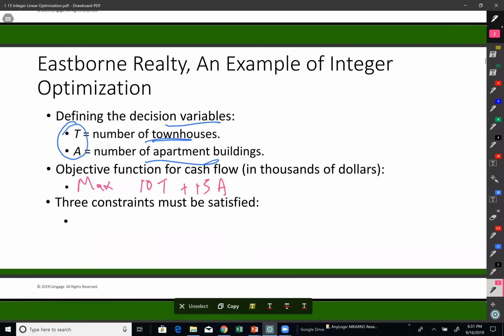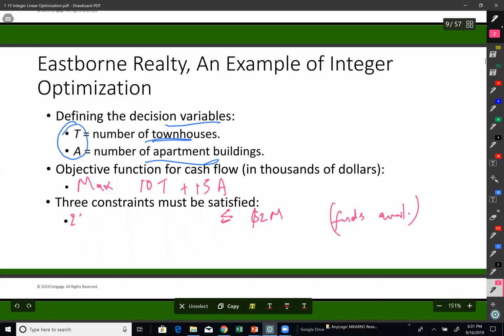One is funds available. We don't have an infinite budget, and we have $2 million. It's our right-hand side value, greater than or equal to the amount of money that we spend.